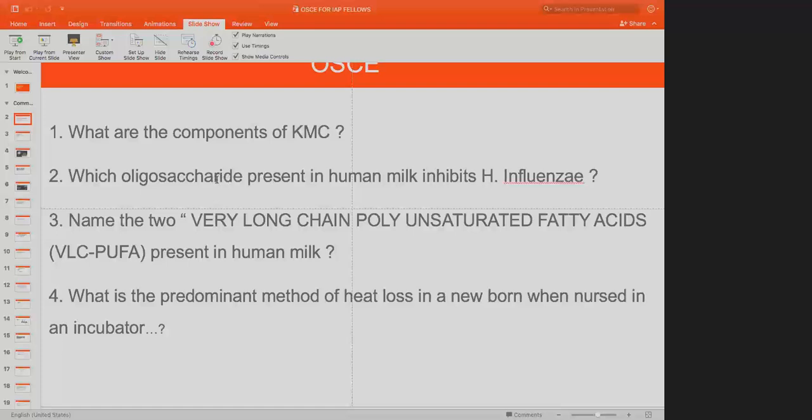So the first answer is right: skin to skin and early breastfeeding. You can read the second one and answer.